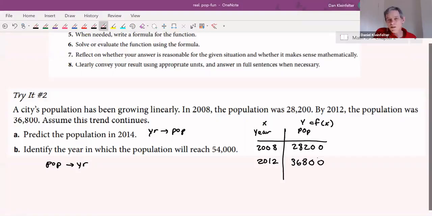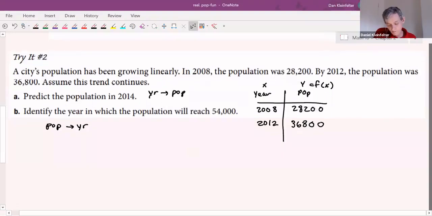If you wanted to, you could set this up so that 2008 was year 0 and 2012 was year 4, right? But just for clarity, I'm just using the actual year for this. All right, so we're setting this up so that our input is the year and our output is the population, right? And so we need the slope, right?